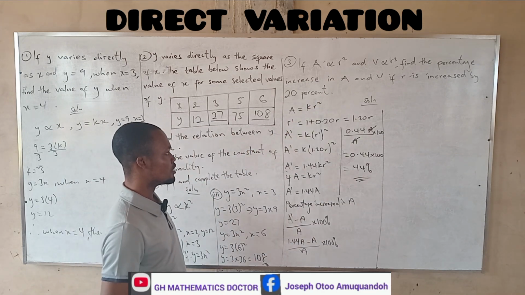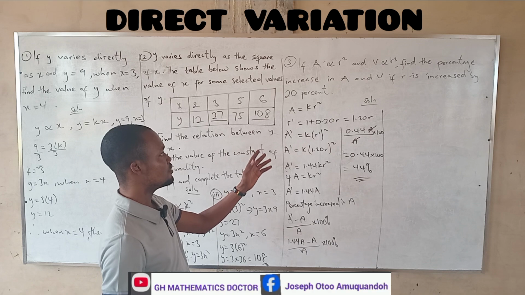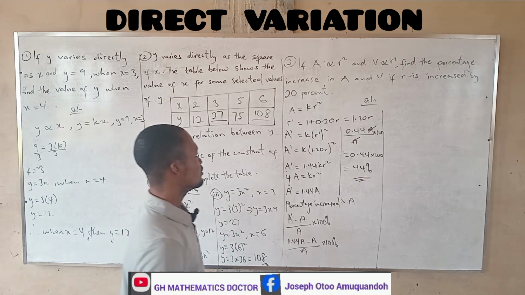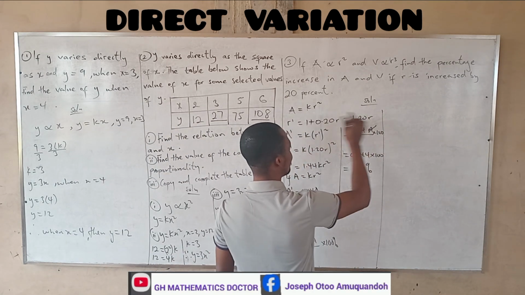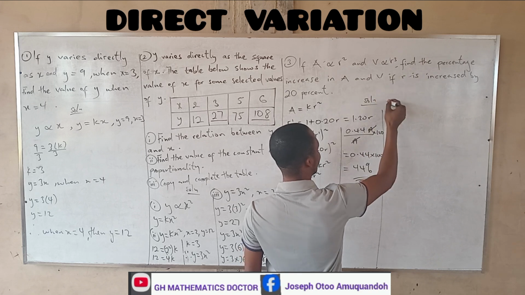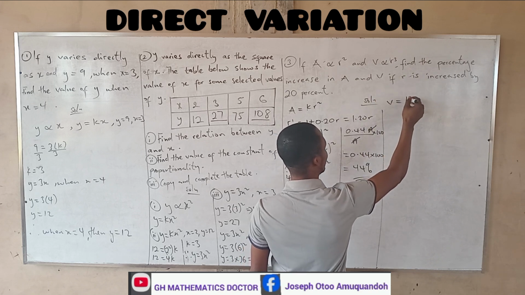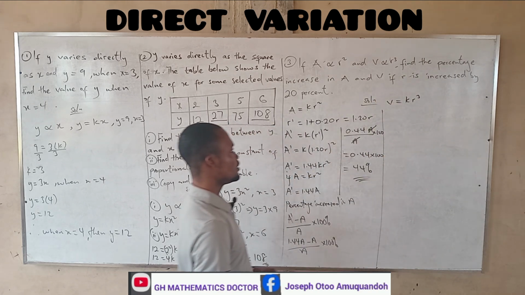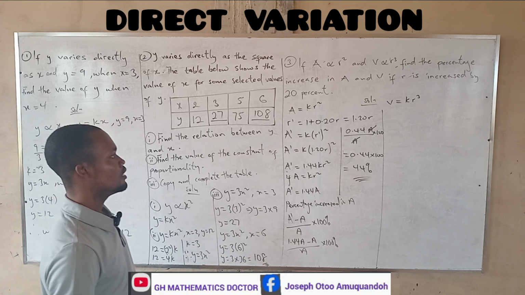We are going to use the same strategy to find the percentage increase for V. So we are using the same relation, but this one, V is equal to KR cube.